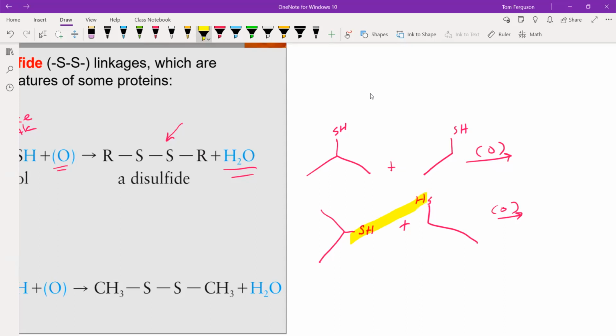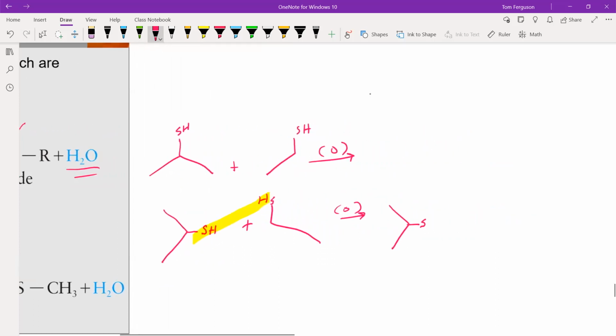Those two are going to combine together to give you that. In other words, the two S's hook up.